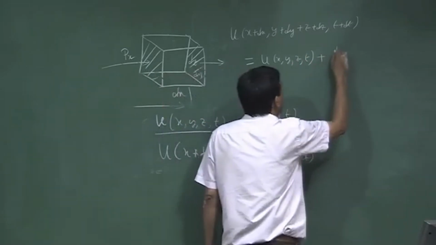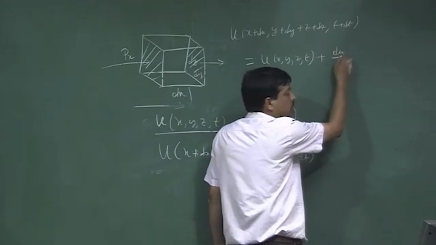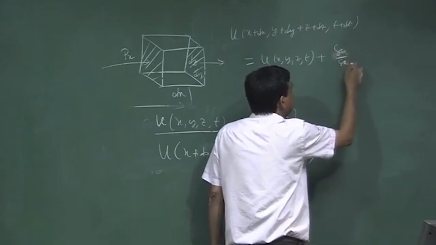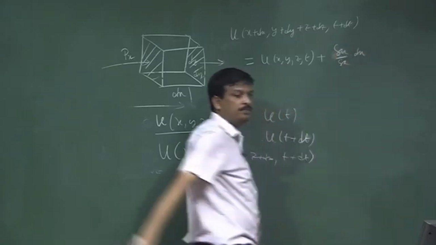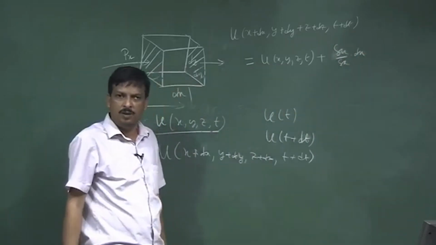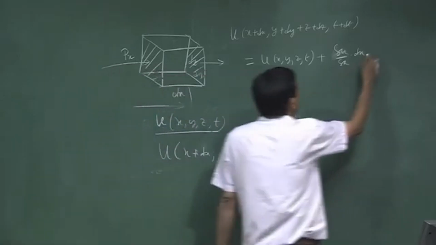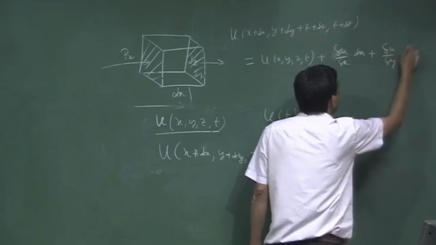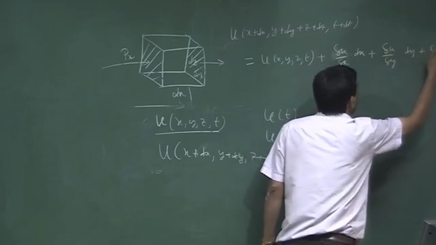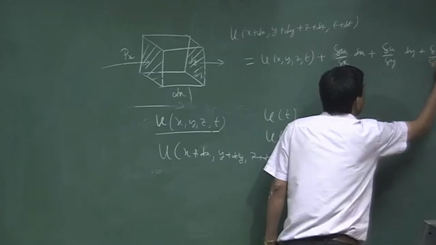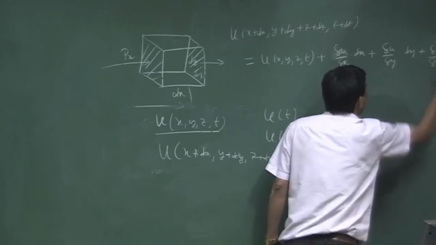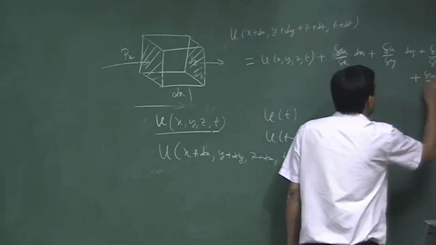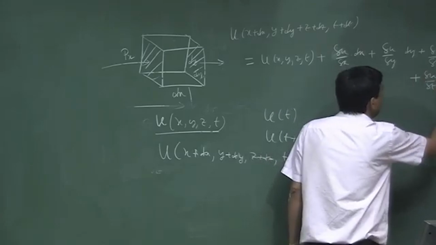The change of u in the x direction is del u by del x into dx, plus the change of u in the y direction, plus the change of u in the z direction, plus the change of u due to time, so del u by del t into dt.